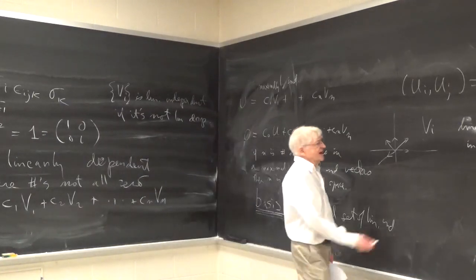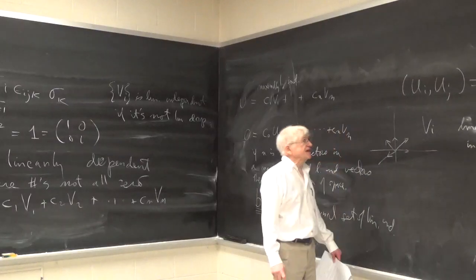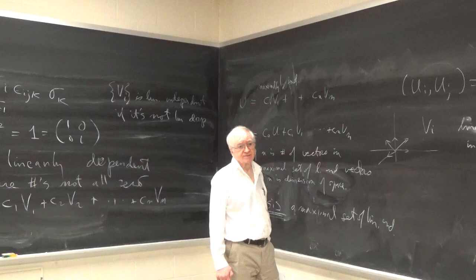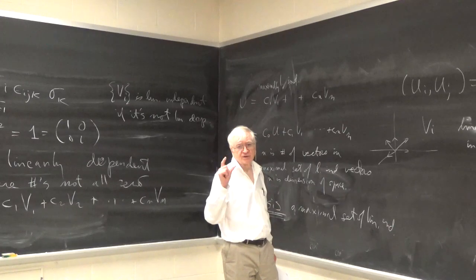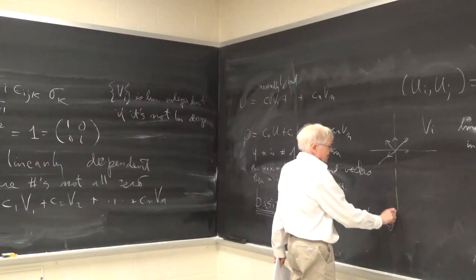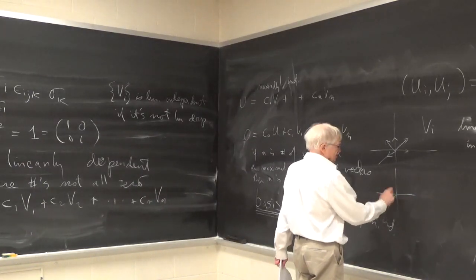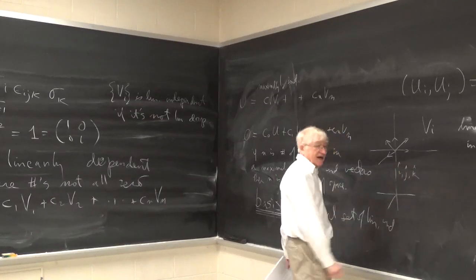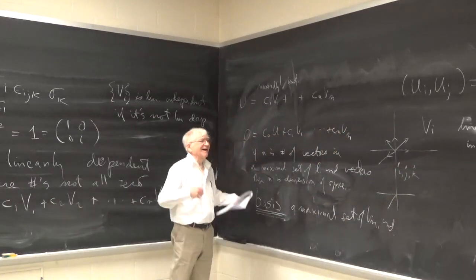So suppose we have a basis for a vector space. It's nice to have an orthonormal basis, where all the vectors have unit length and they're all perpendicular to each other. For example, in 3-dimensional space we talk about i, j, k, or sometimes i hat, j hat, k hat.